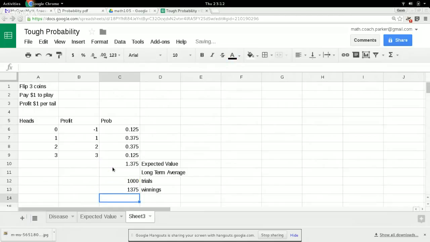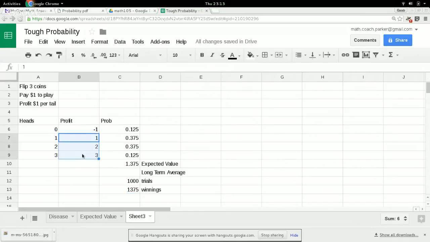And so I would end up winning $1,375. Now that's profit, right? That takes into consideration that I paid $1 to play. Pretty cool, huh? So this is not a game you're likely to find in the casino because it pays off too much.